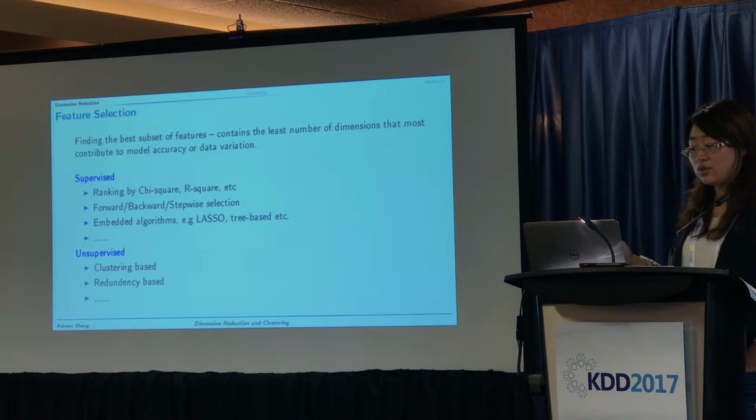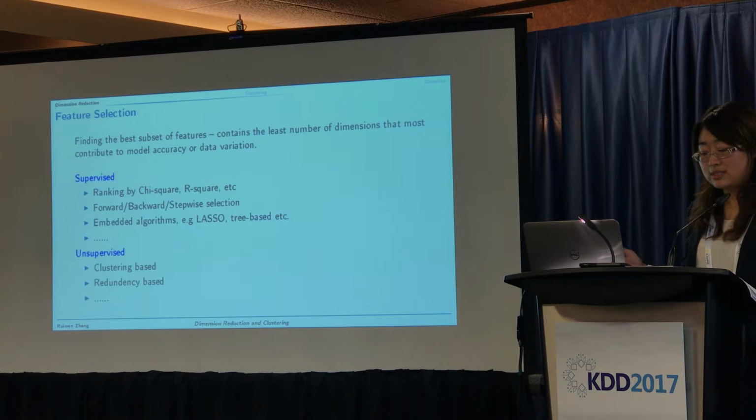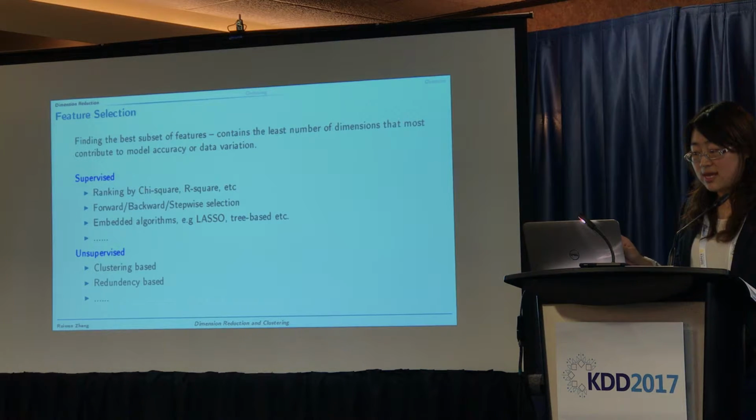The combination of forward and backward is called stepwise. The third group of algorithms, which is really important, is called embedded methods. You probably have heard about regularization methods, and lasso is the most common one in this category. Lasso introduces a regularization term called a penalty, which penalizes the model complexity.